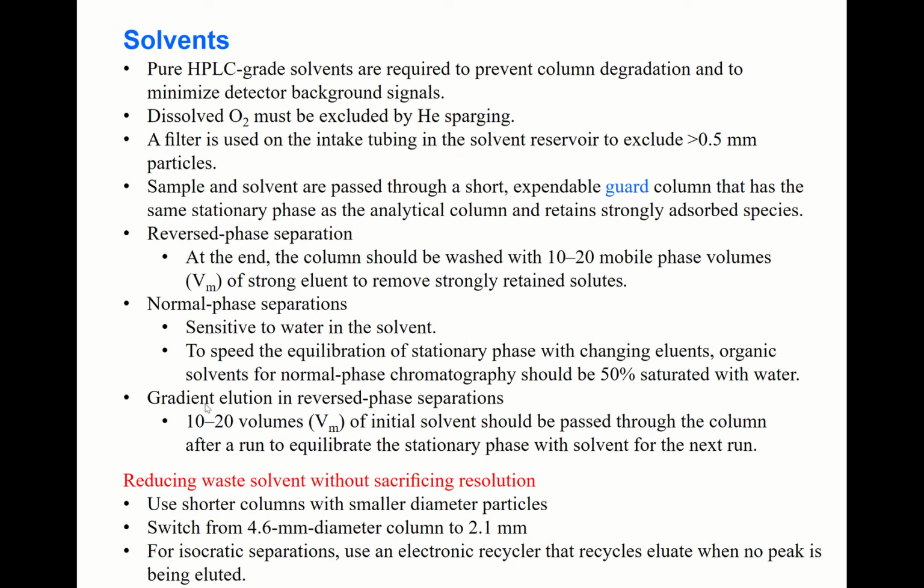And for gradient elution in reversed phase separations, 10 to 20 volumes of initial solvent should be passed through the column after the run to equilibrate the stationary phase with the solvent for the next run. So maintenance of the column is very important.